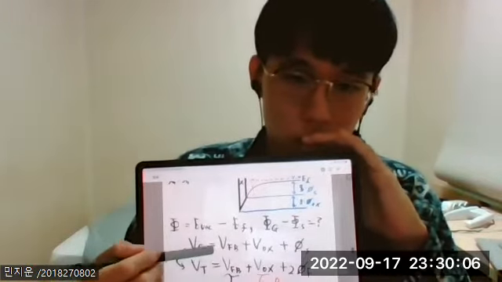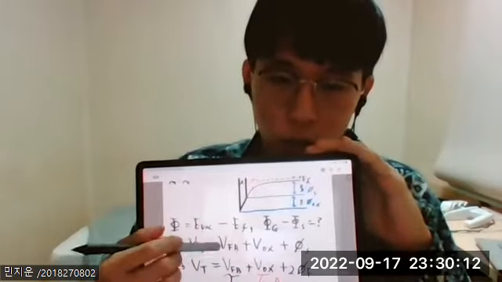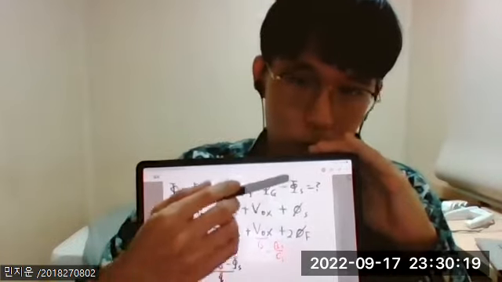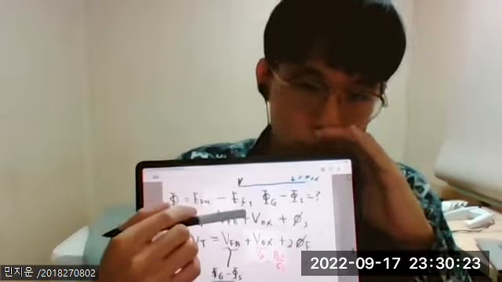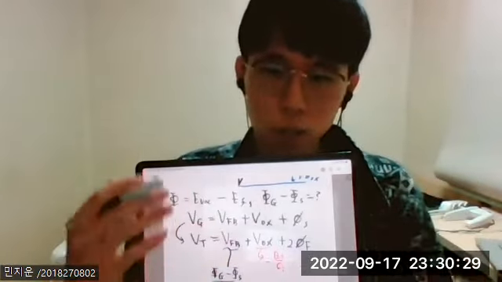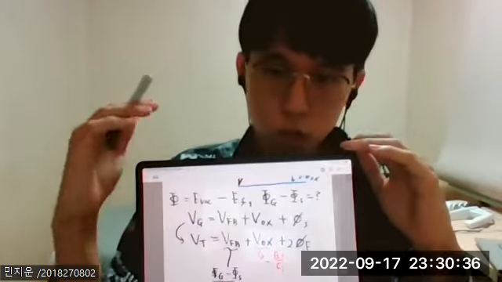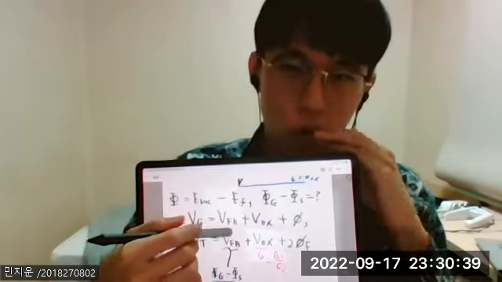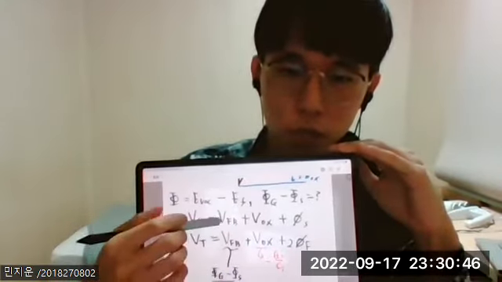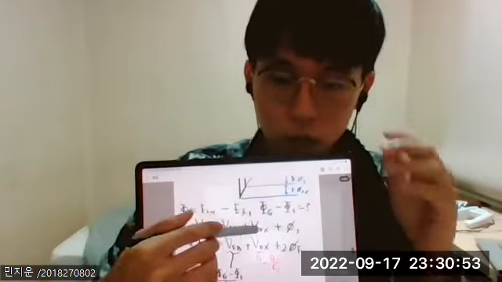The gate voltage is equal to the flat band voltage plus the oxide voltage plus phi s. The flat band voltage is equal to this subtraction of work functions, because as I explained before, this means how much it is bent. So if we flatten this bending, we apply a gate voltage of about this value.